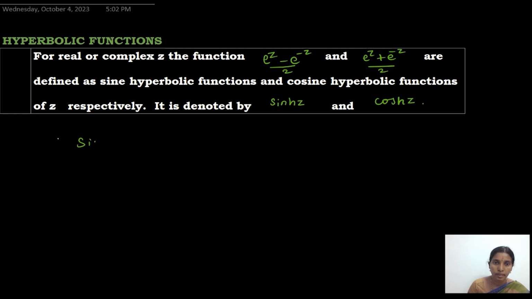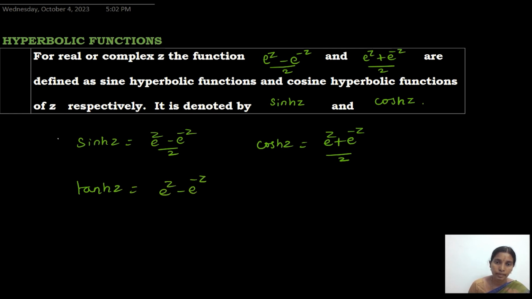That is, sinh z = (e^z − e^−z)/2, cosh z = (e^z + e^−z)/2. Similarly, tanh z = (e^z − e^−z)/(e^z + e^−z).